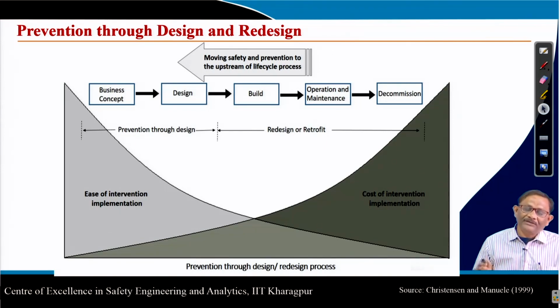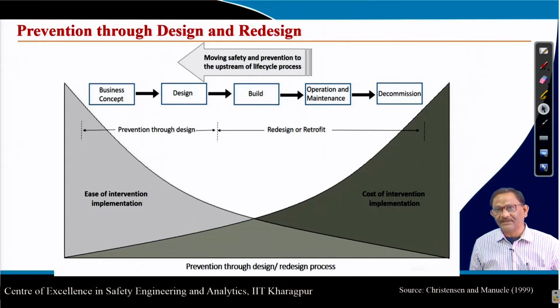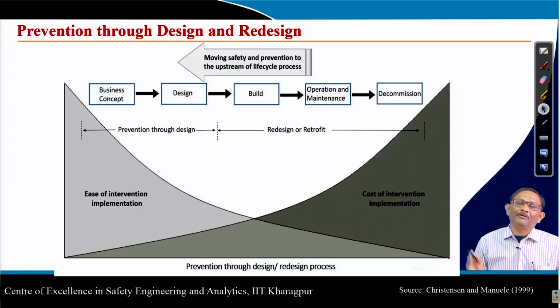But if we do not consider those hazard and related safety design aspects at the beginning, what will happen? The residual risk or inherited risk of the system will be much more. And finally, in order to have safe operation or safe production, you have to do a lot of retrofitting in terms of safety measures, in terms of safety interventions, whether it is engineering or administrative.